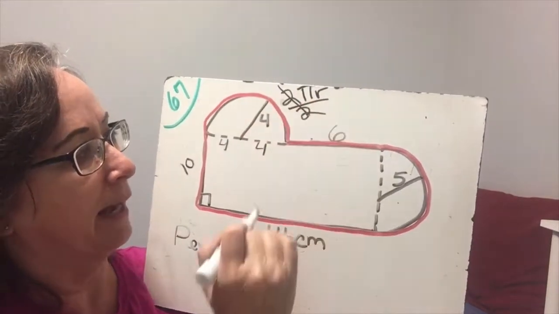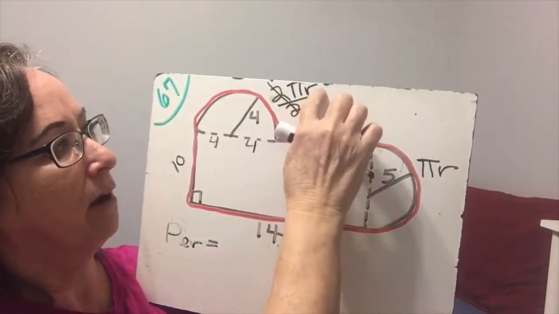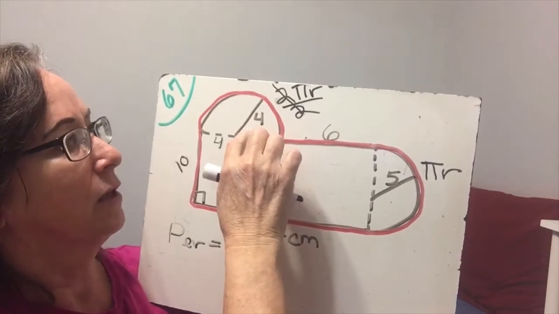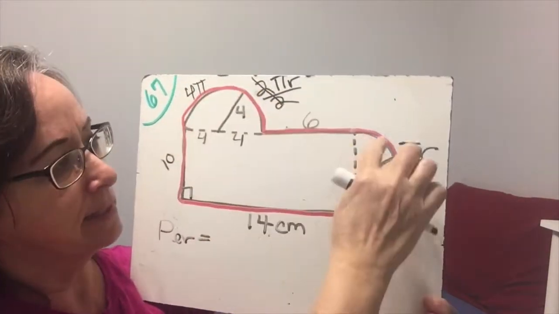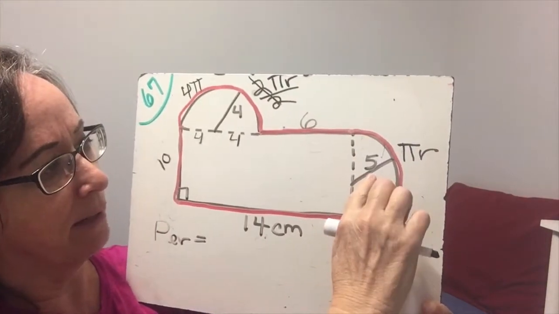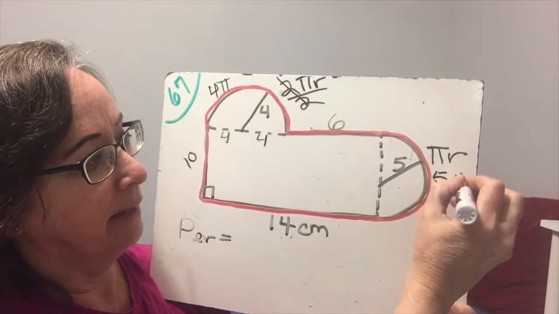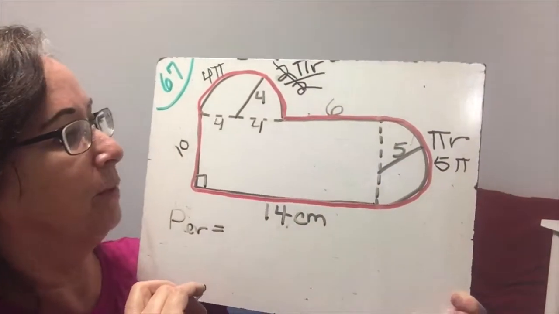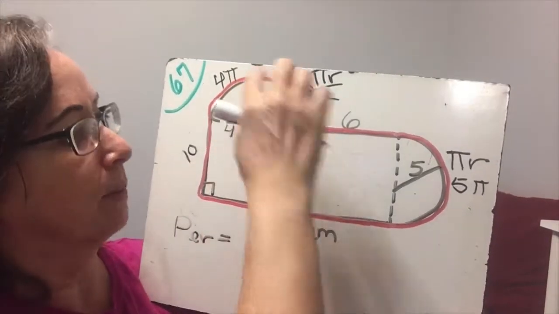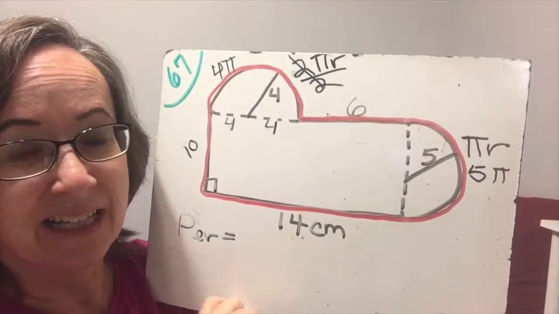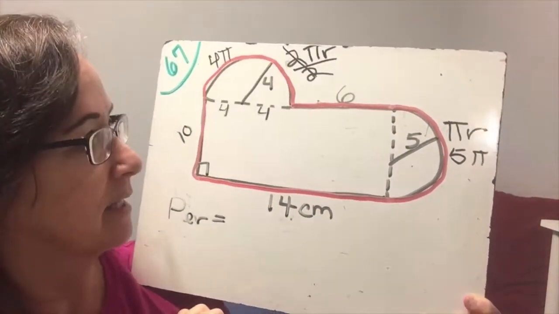So it's just pi r, isn't it? So this one will be pi r, and this r is 4. So this distance around will be 4 pi, and since the r is 5, this distance around will be 5 pi. Okay, so before we work on multiplying, couldn't we just add our 4 pi and our 5 pi together so that we only have to multiply by pi once instead of twice? That would be smart, wouldn't it?